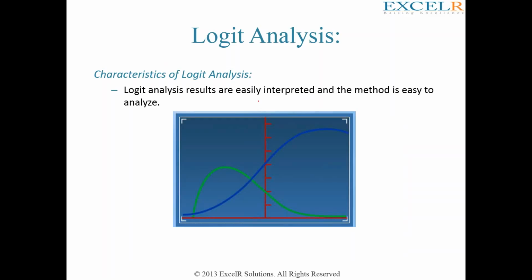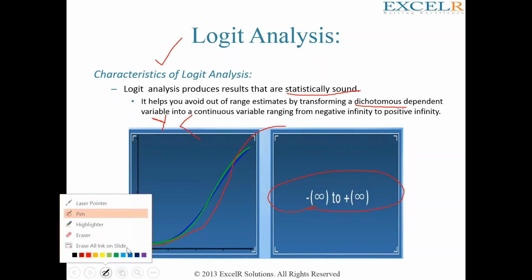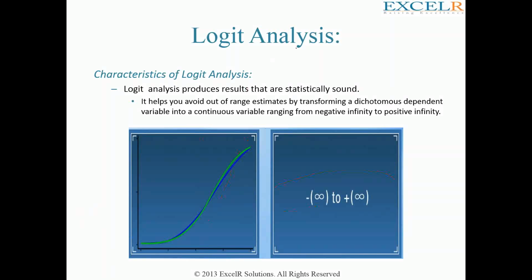Logit analysis results are easily interpreted. You did not get that? What did you not get, Aditya, here? Take the example of the defect. Will you get a defect or not? That is your y, right? In an earlier example that we have seen, y can be defect or not. How many outcomes do you have? Two outcomes.